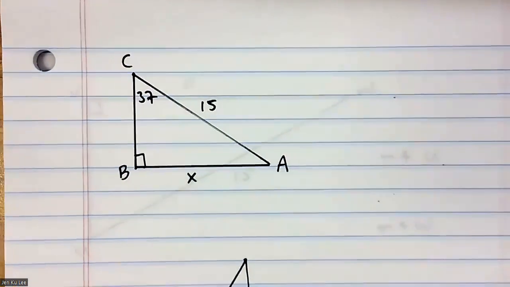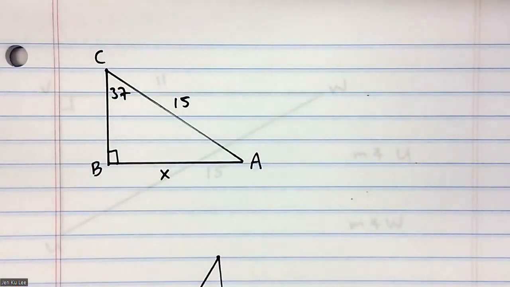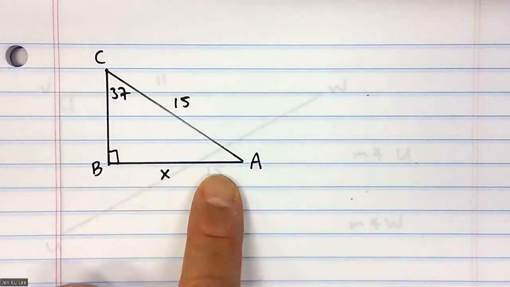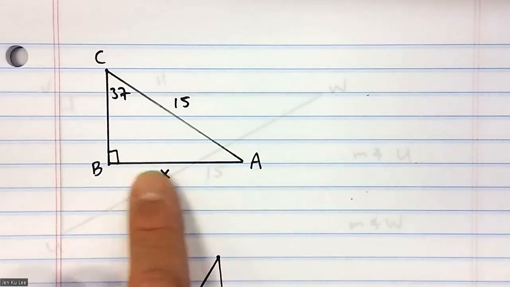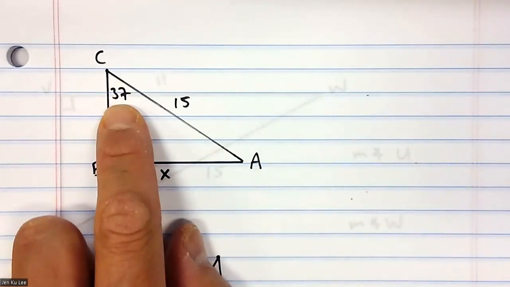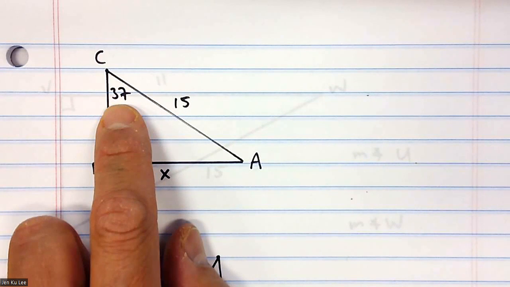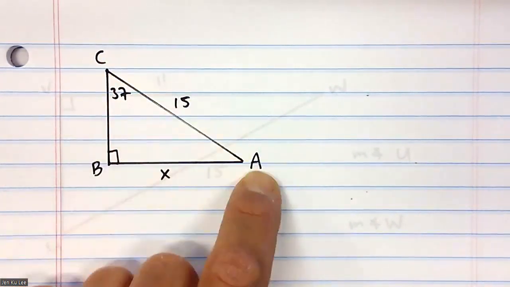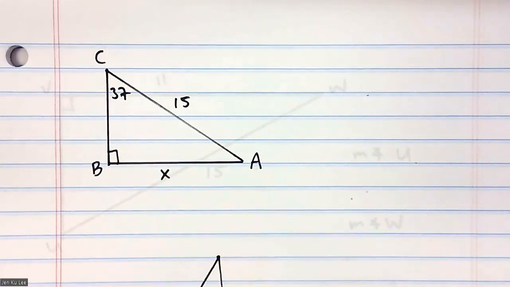So look at this one. Okay, so here is the problem, right? And we just got to solve for x. Okay, what is that side length? Okay, so we're given this angle as 37 degrees, and we're given this side as 15, and we're going to solve for x, right? Okay. My first step is to label the side, correct?